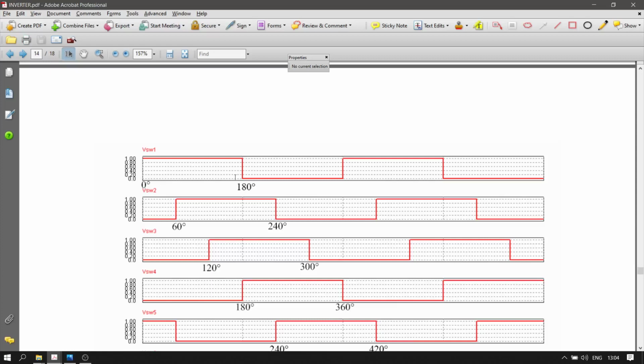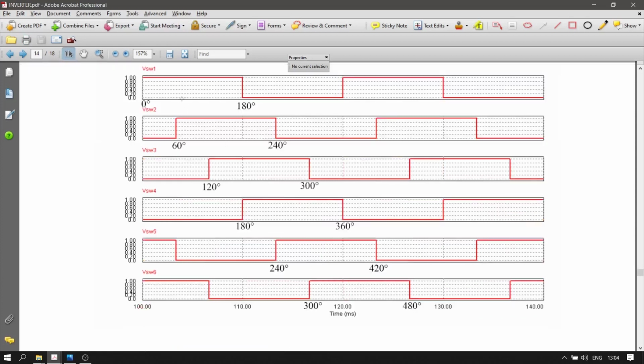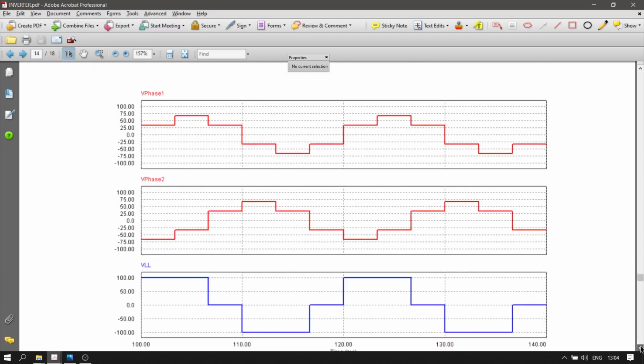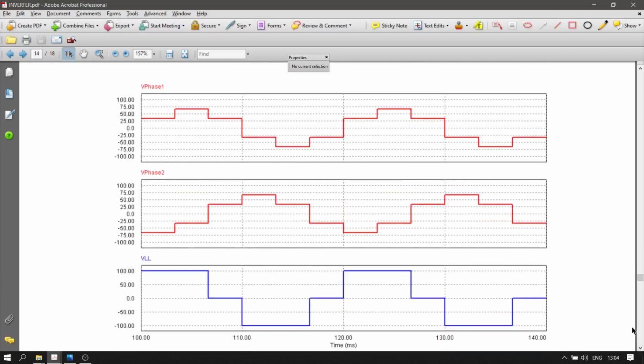Again, we have 60 degree phase shift between each switch. Finally you find that the phase 1 now has the shape of the line to line voltage for the 120 degree inverter just now, isn't it? So it is the opposite waveform.